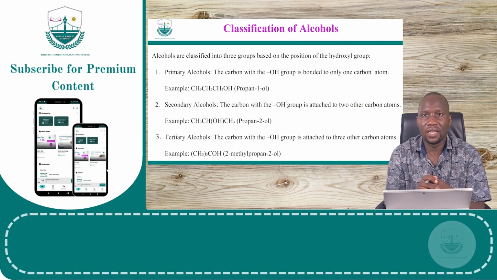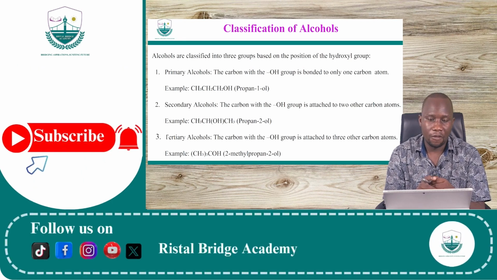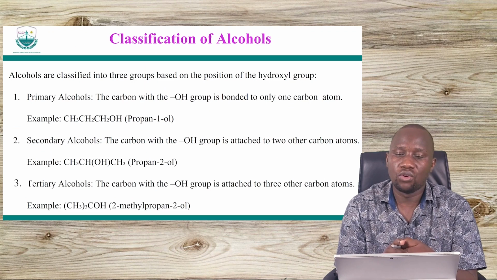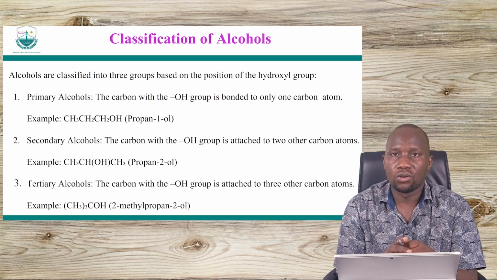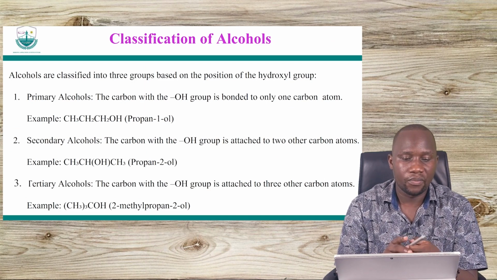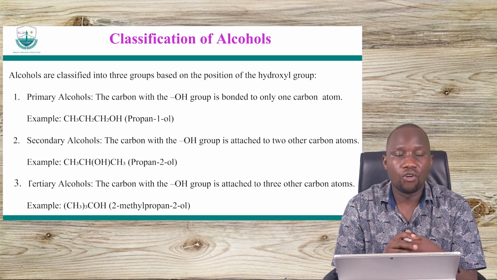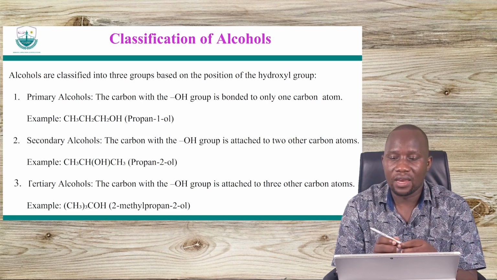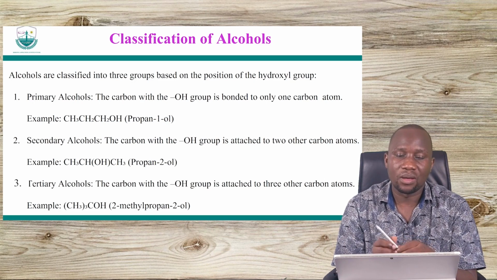So alcohols can be classified into 3, depending on the position of the OH, that is the hydroxyl group. For primary alcohols, the OH is bonded to a carbon atom that is attached to only one other carbon atom, for example in propanol.